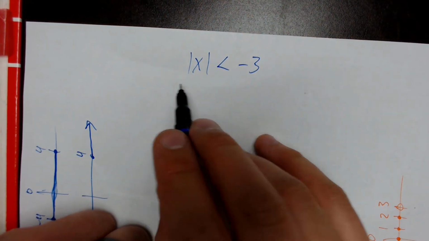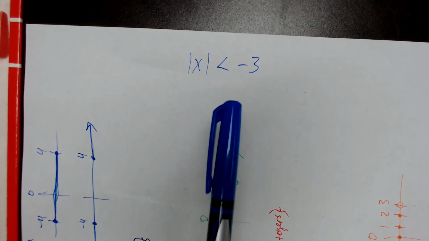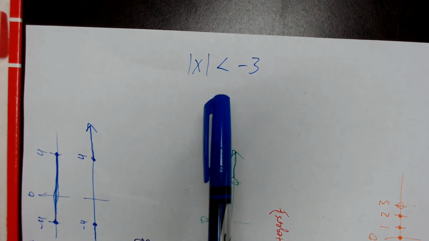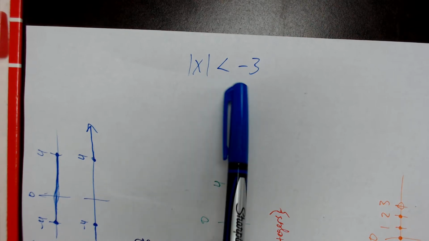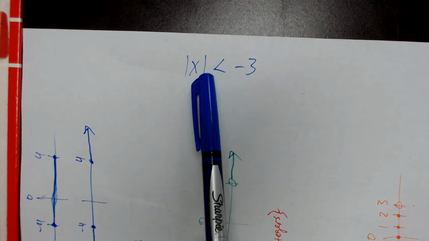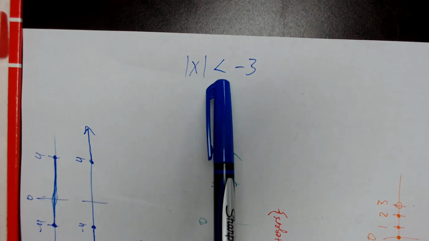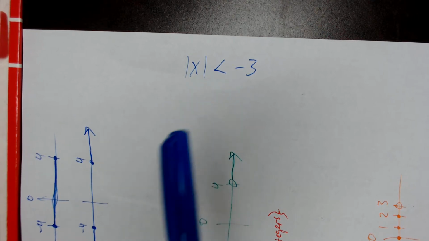Let's say we solved an equation and it ended up like this. This answer is not possible. The reason is that there are no absolute values that are less than the number 0. It's impossible for the absolute value of x to be -4, -5, etc. The smallest absolute value is the number 0.